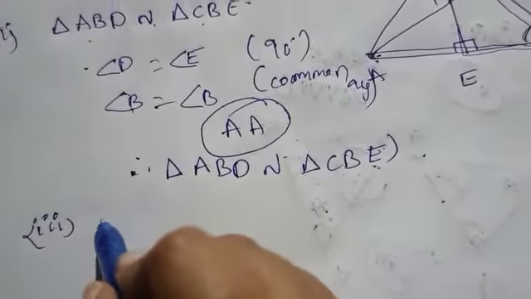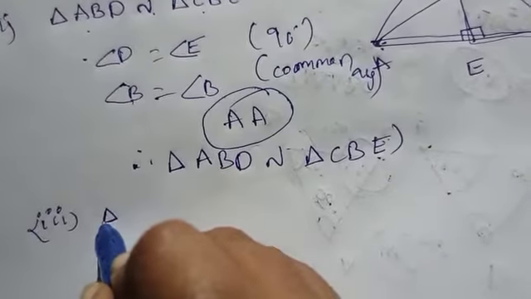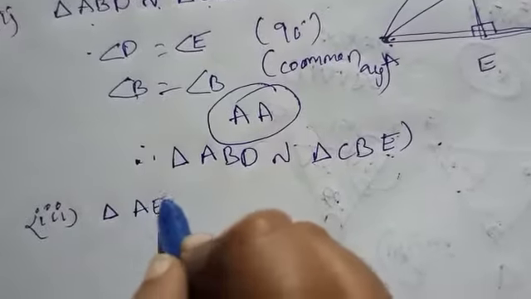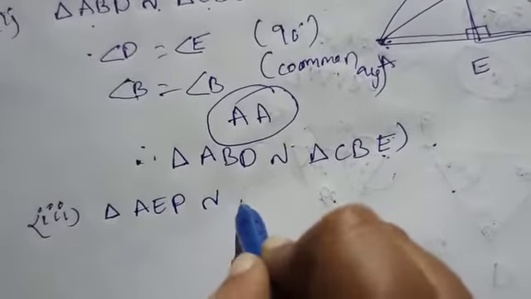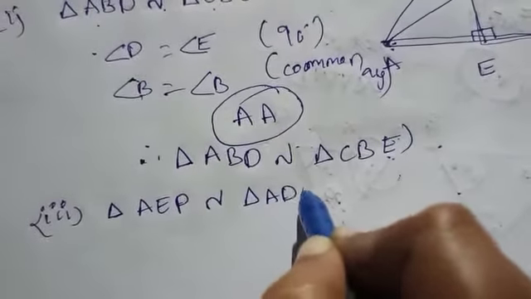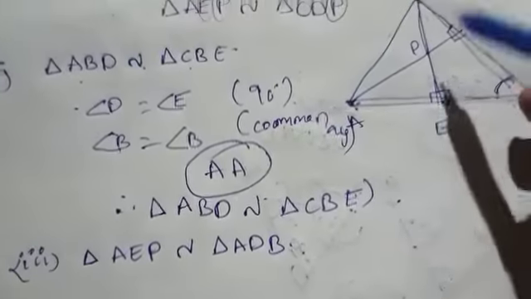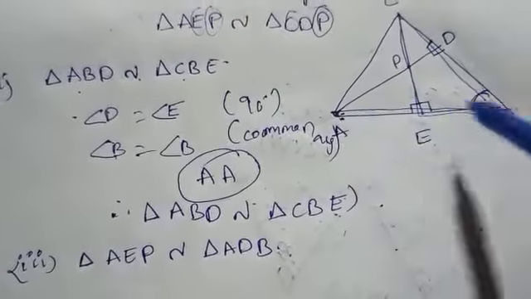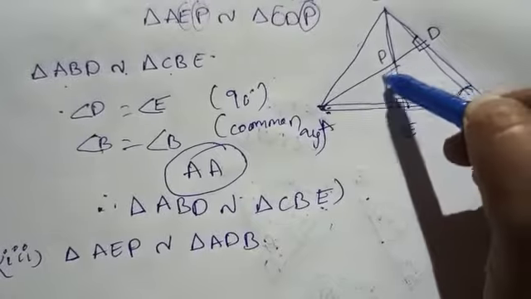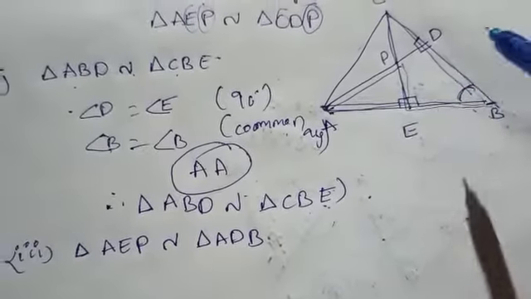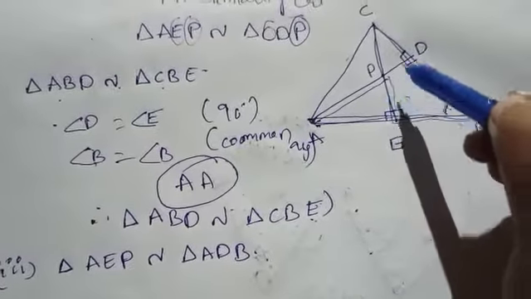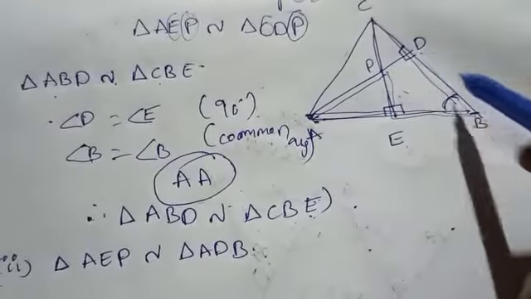Third question: here we have to prove that triangle AEP is similar to triangle ADB. See, the smaller triangle AEP is similar to triangle ADB.